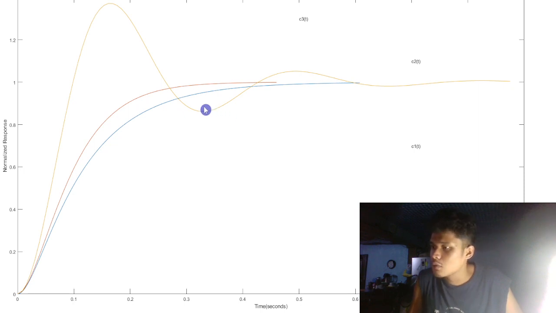And we'll notice that for both the critically damped response and the overdamped response, their appearance as a standalone is similar. But by plotting them together, you'll notice that the critically damped response reaches the constant value earlier than the overdamped response.